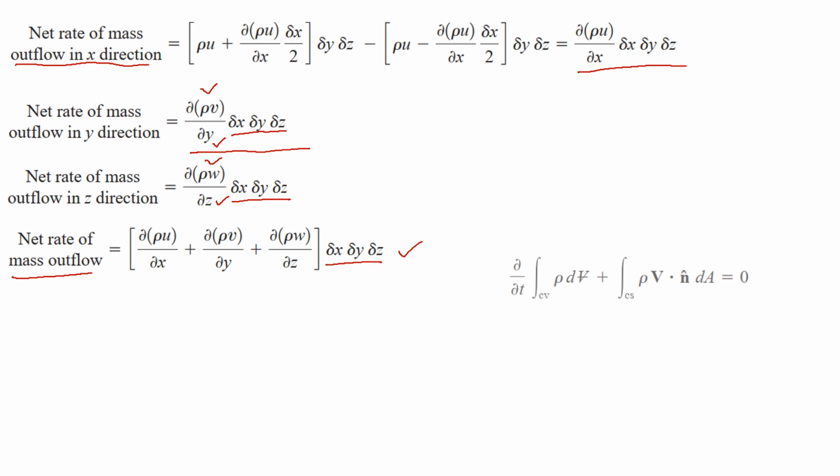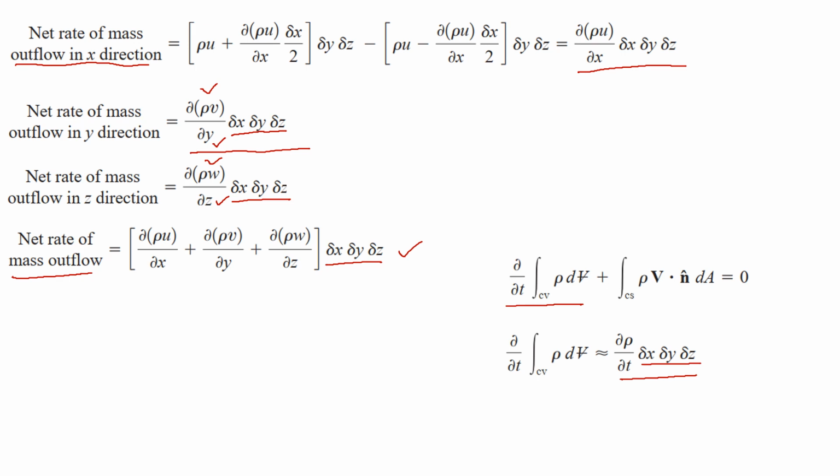If we look again at our Reynolds transport theorem for mass conservation, we derived a term that was written in differential form as the partial change in density with respect to the partial change in time inside this control volume.